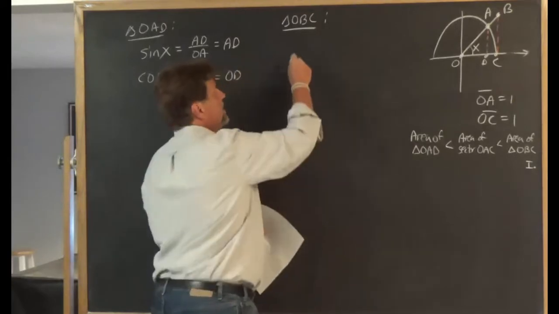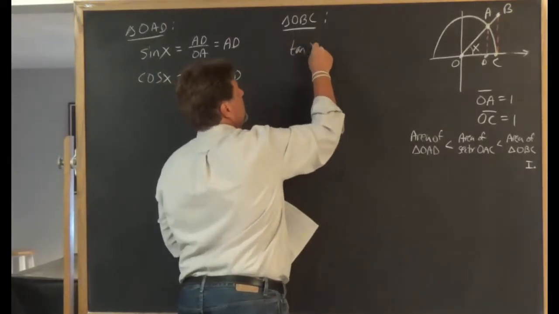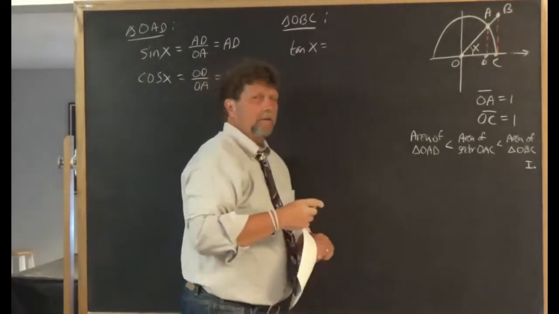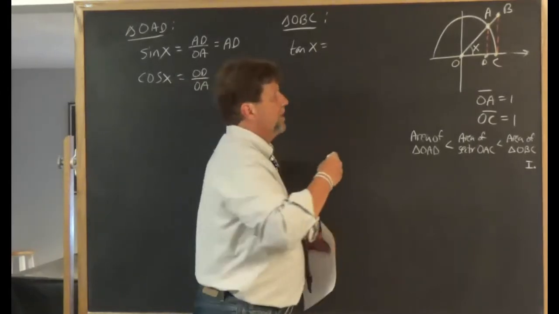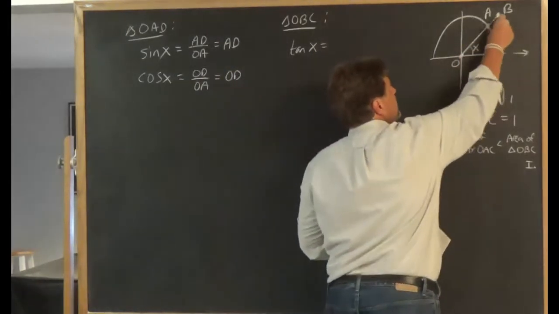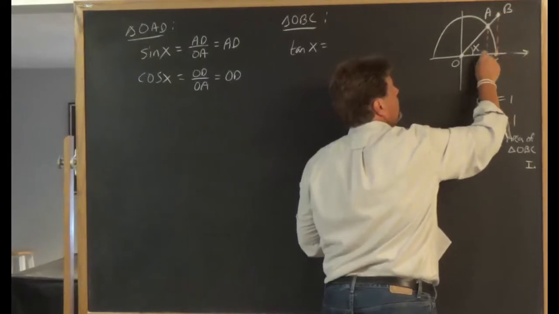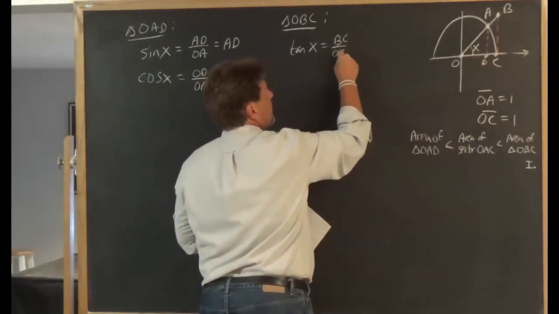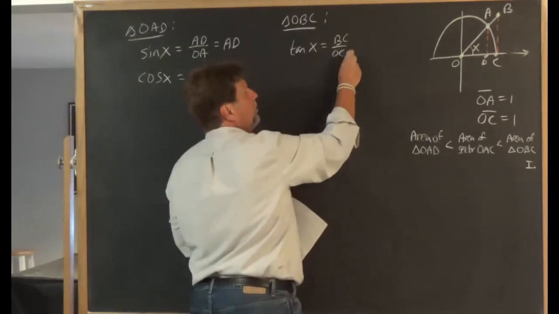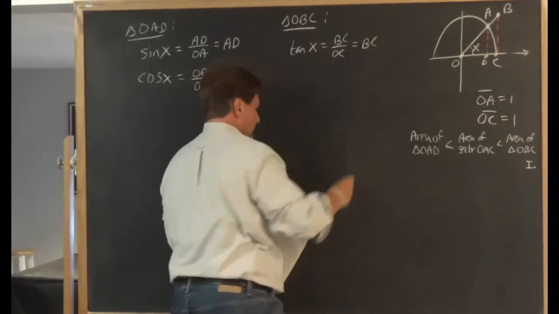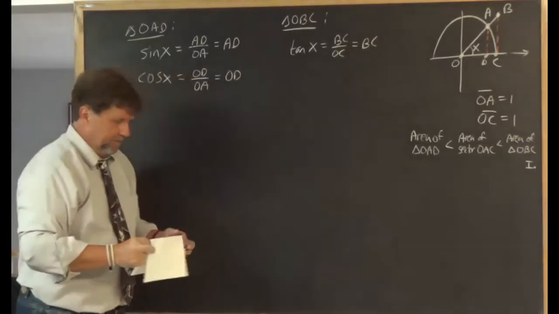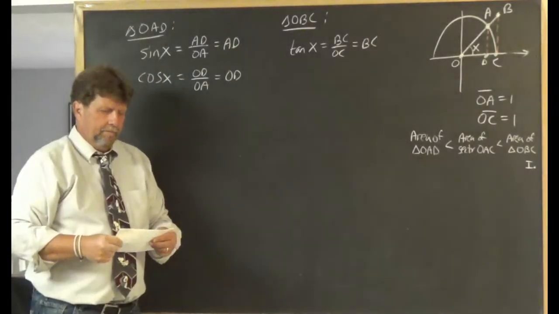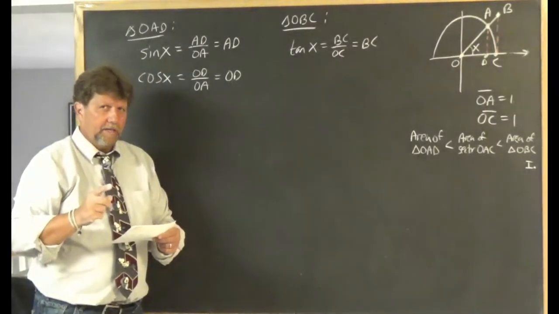Let's write down what the tangent of x is. Remember, right triangle trig, tangent is opposite over adjacent. So it's opposite BC over adjacent OC. But OC is equal to 1, so that simplifies to BC. All right, we're making some progress here.